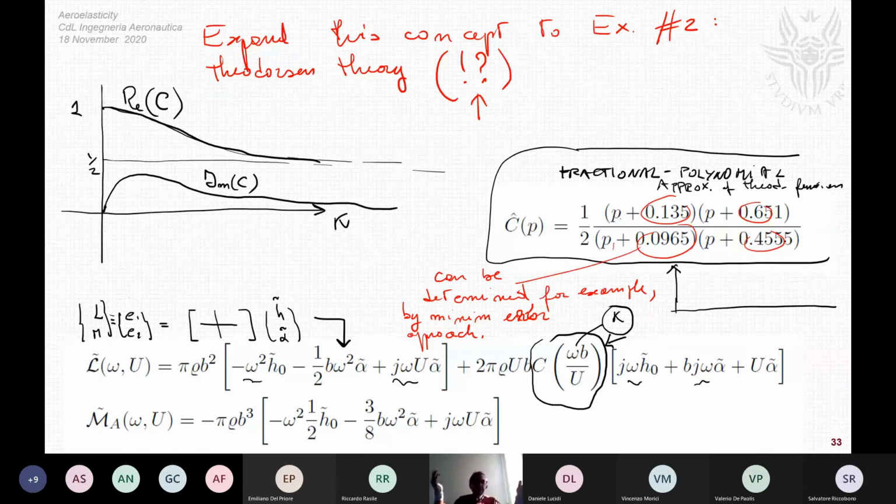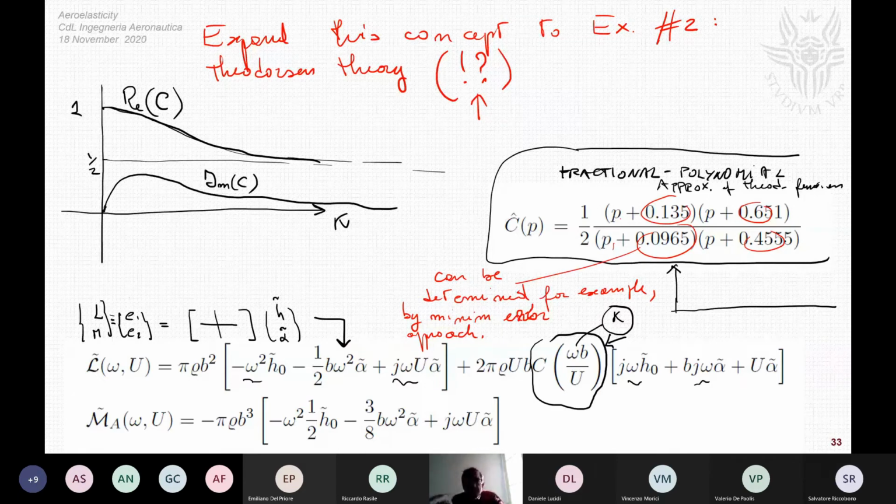We can expand the domain of a complex function if the complex function is defined in a closed domain in the complex plane, and therefore we can assume for the Theodorsen function this approximation, and now you know very well the meaning of this approximation.